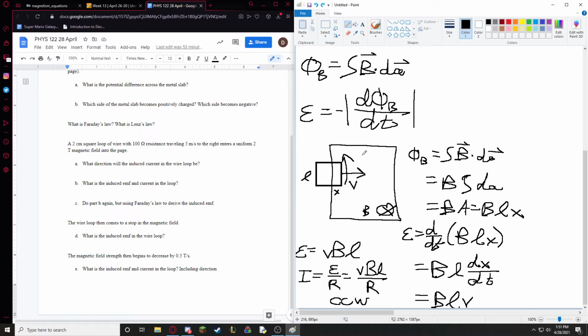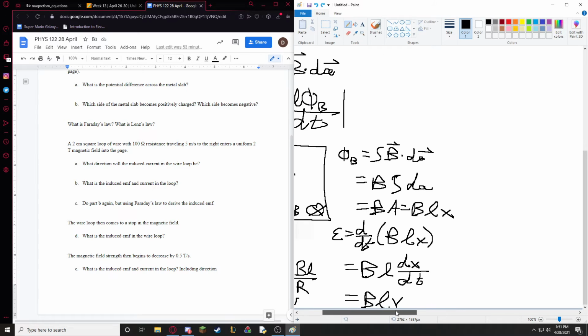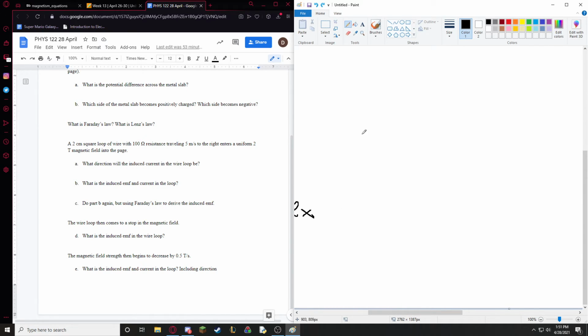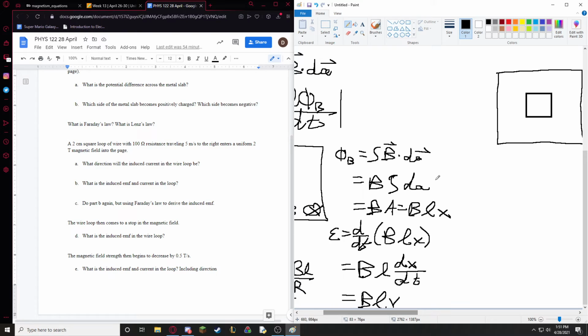I keep forgetting the names of the laws, but for the integral of B dot dA, none of the parts of the integral are actually changing. Mm-hmm. So the induced EMF would be 0.